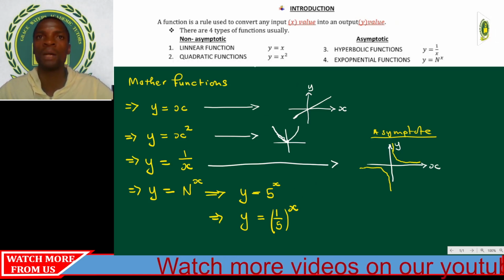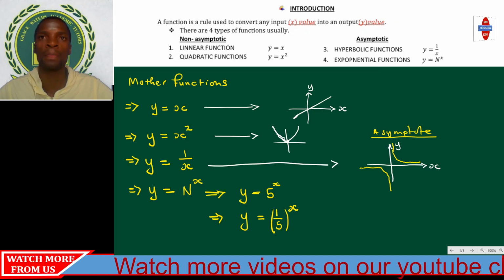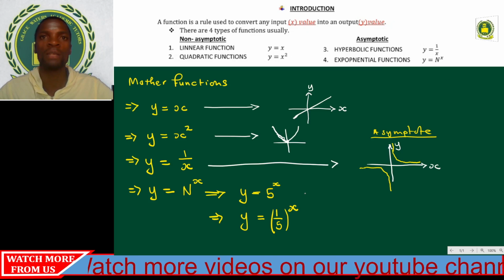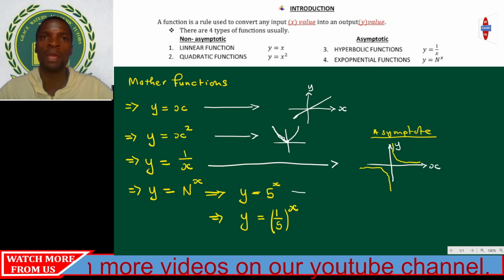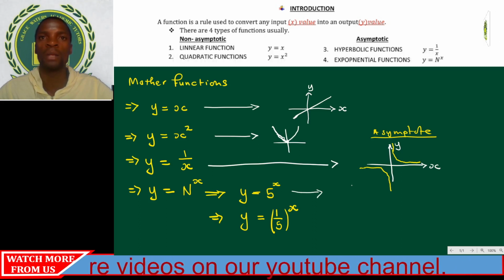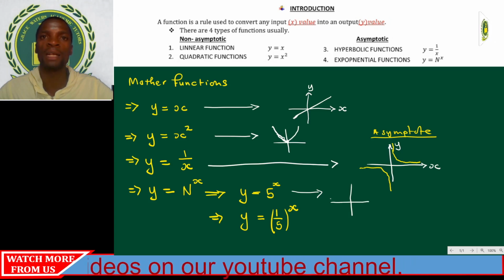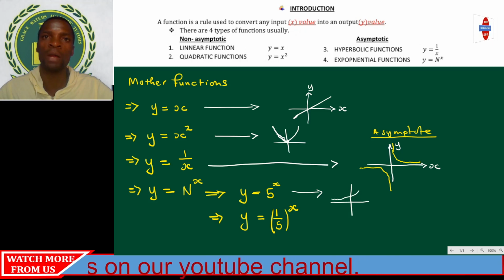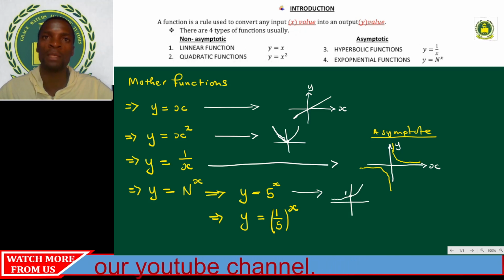Let's consider now the last one, which is the exponential function. For exponential functions, we have two types of graphs here. Let's start where the number is a whole number. When the number is whole, the nature is a rising graph which cuts the y-axis at the point where y is 1.